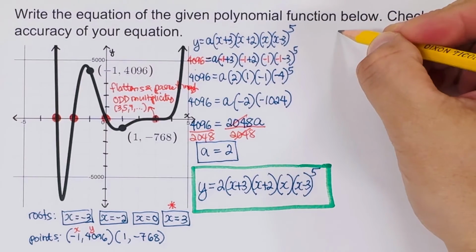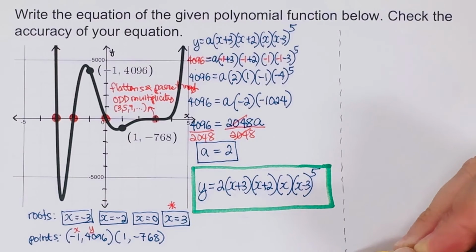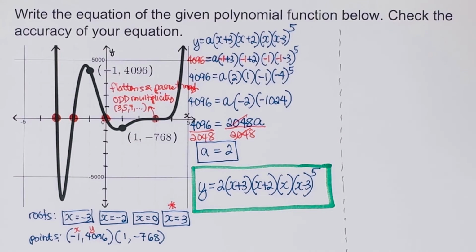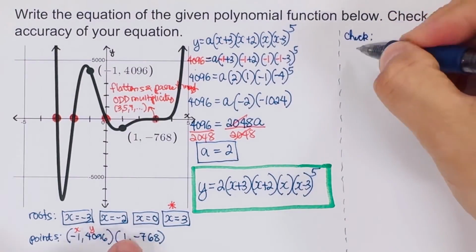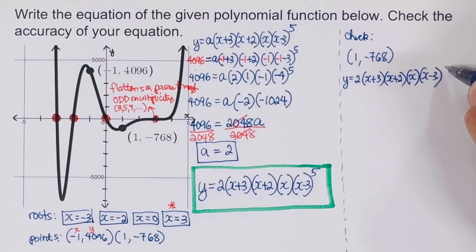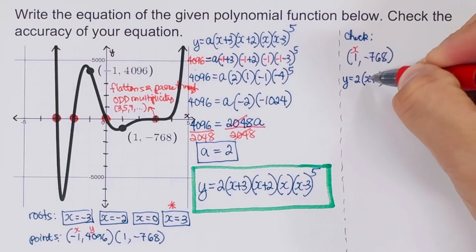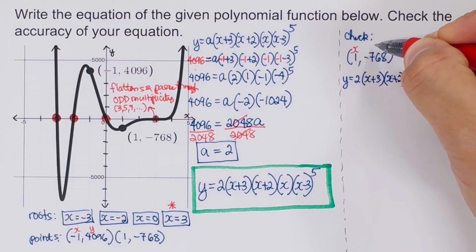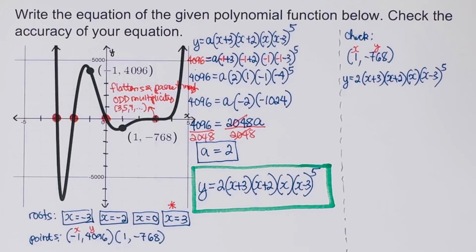So I'm going to go ahead and show the checking part here. And this is very critical, because if the left side and the right side of the equation don't match up, then we move on to the multiplicity of 7 instead of 5. So what we do now is we plug in 1 to all of the x's and we plug in -768 to the y and see if the left side and the right side of the equation are equal.